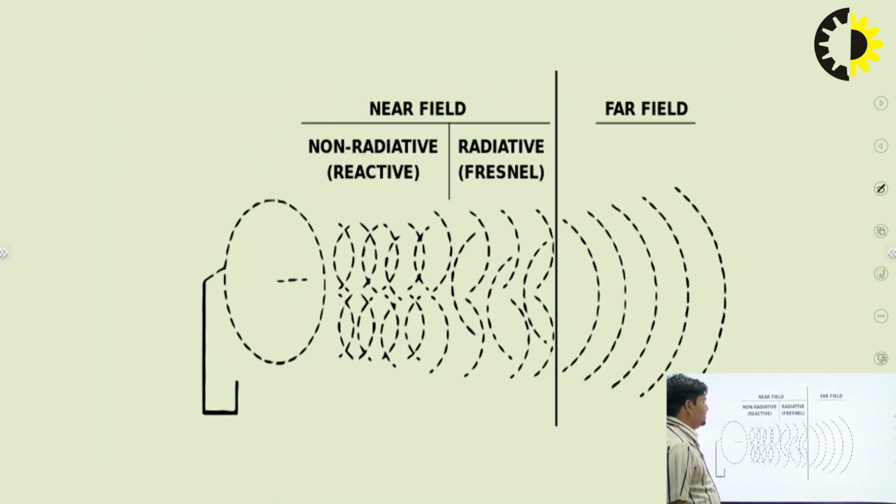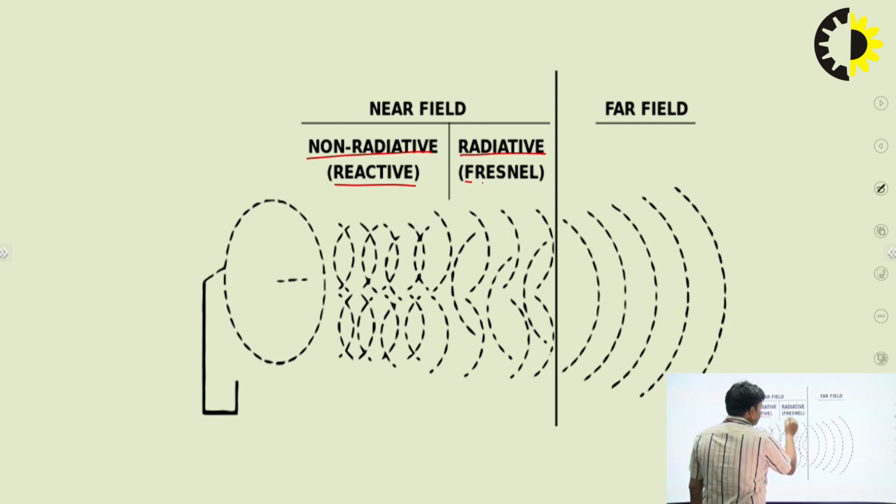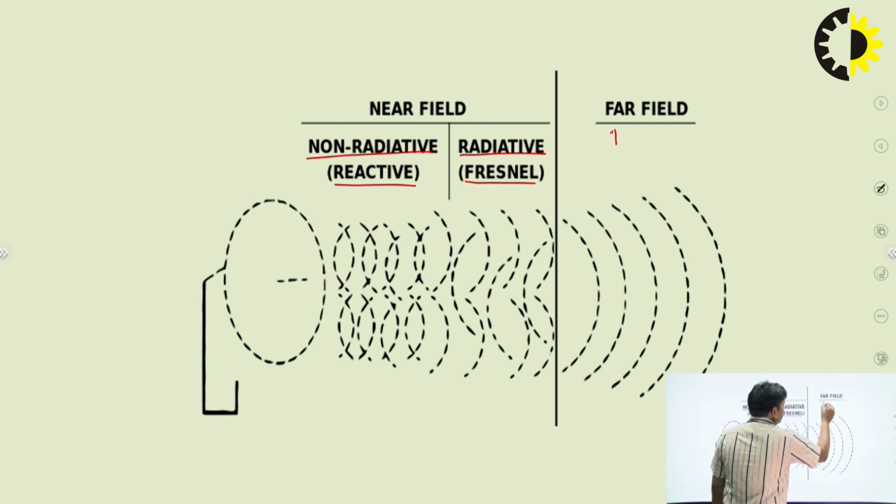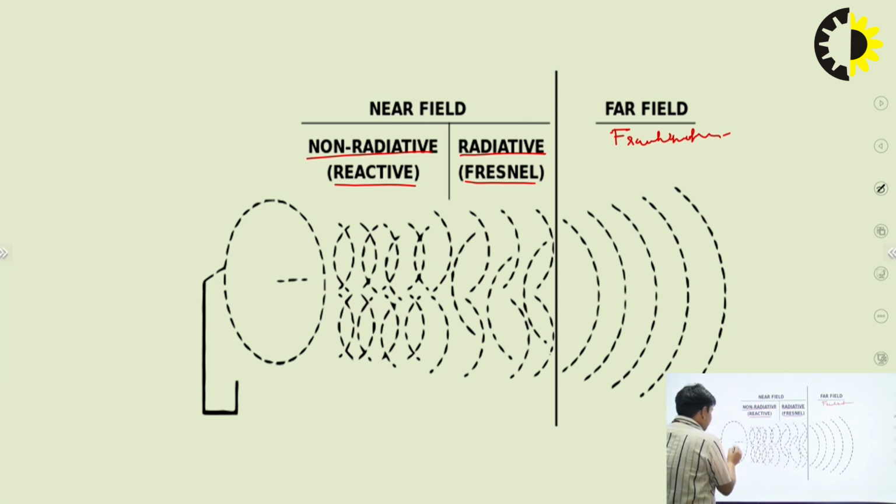So this is the comparison of the wave propagation differences in the near field non-radiative reactive region, the radiative Fresnel region, and the far field Fraunhofer region. So we can say this is the antenna.